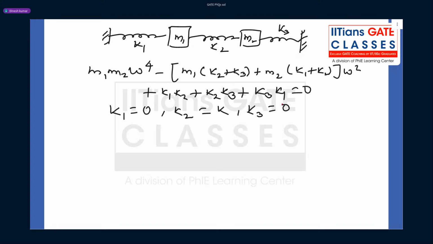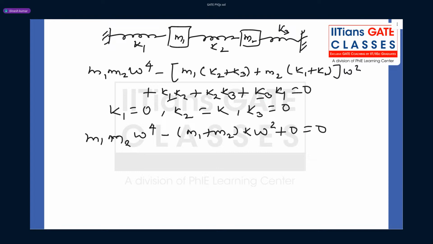So we get m1 m2 omega power 4 minus, and since K1 is 0, K3 is 0, but K2 is non-zero, we get minus m1 plus m2 into K omega square, and then plus 0, because all these three terms will be 0 as K1 and K3 are 0. So equal to 0.